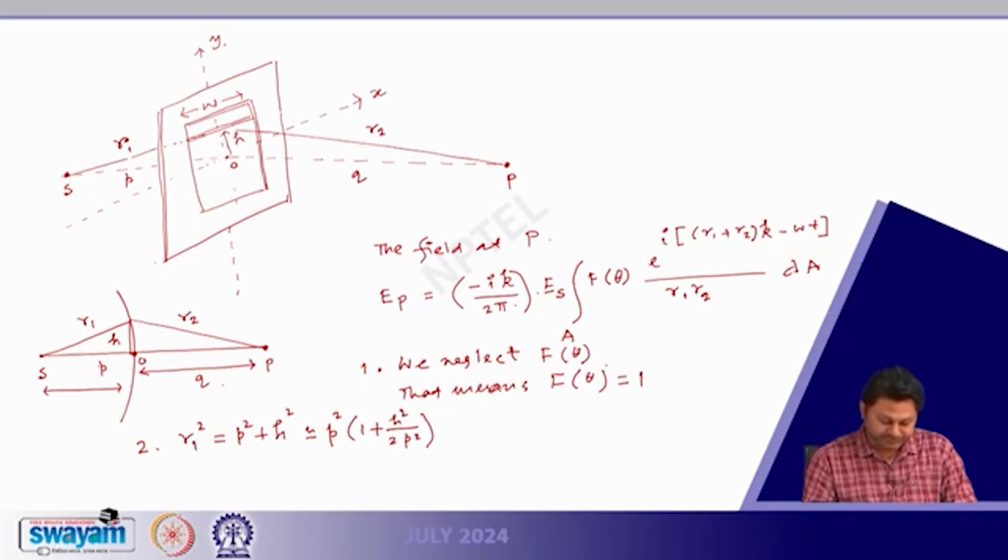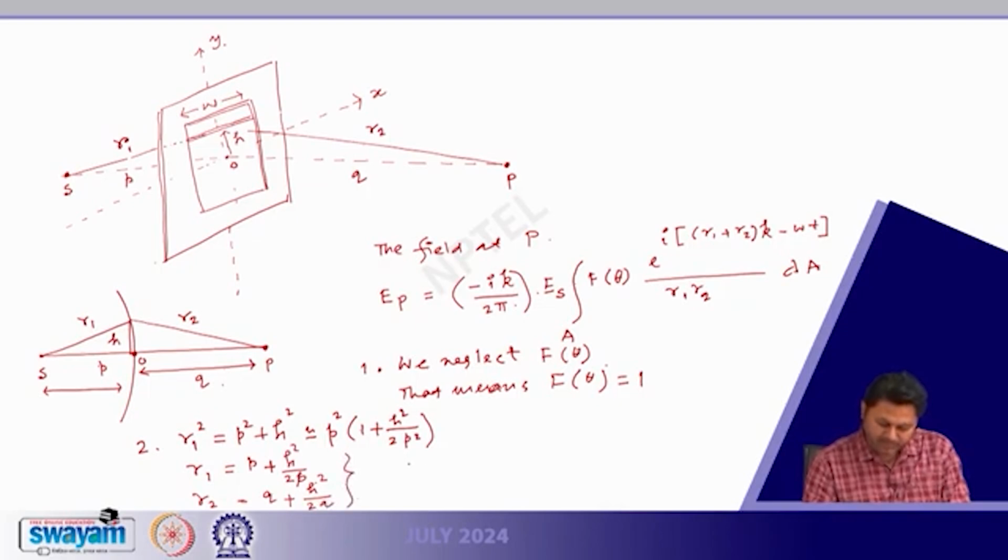Under that condition, I can write R1 to be p plus h square divided by 2p. Similarly, R2 will be q plus h square divided by 2q.